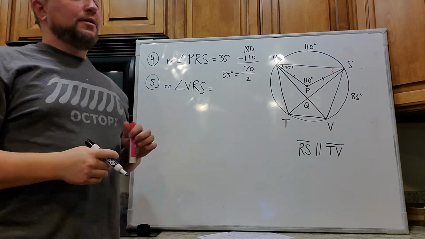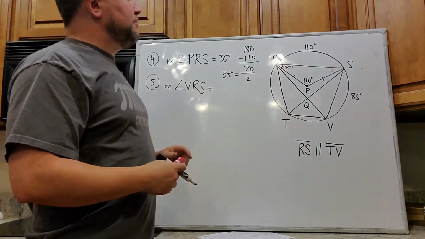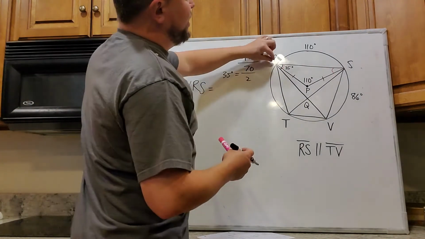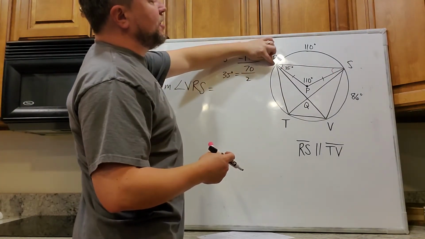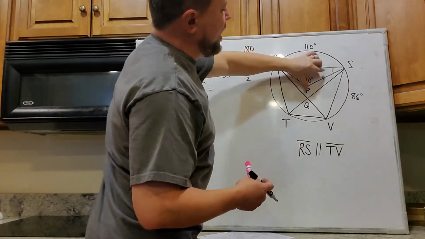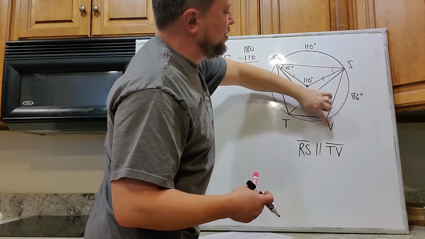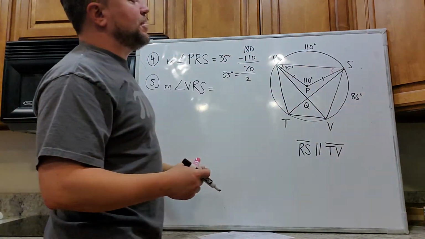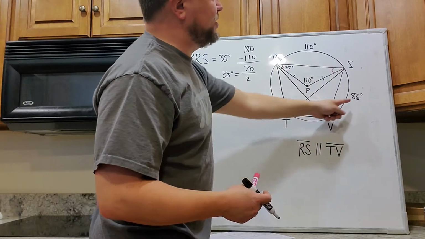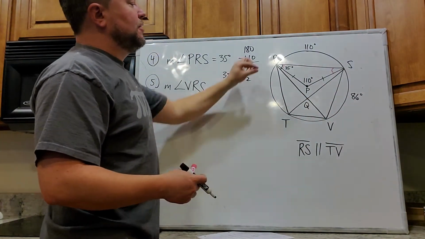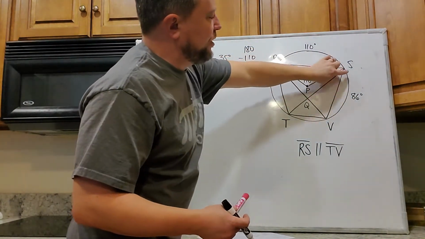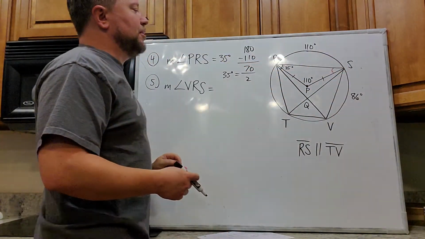See that? Because it's got the 35 within it. But it is an inscribed angle because its vertex is on the circle, and when you follow it out, it goes all the way out and hits the circle and has an intercepted arc. In fact, that arc it hits is 86 degrees. See it? If you follow that angle out, it hits that arc, 86 degrees.